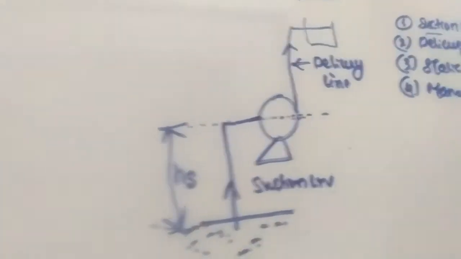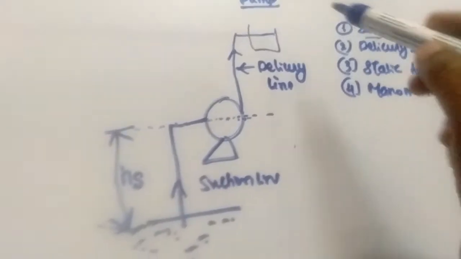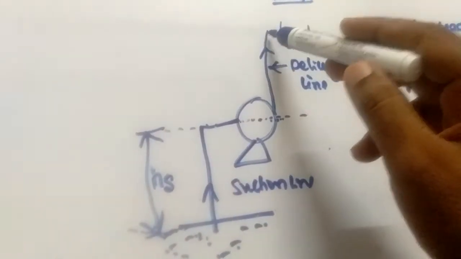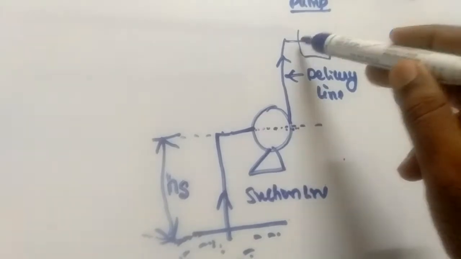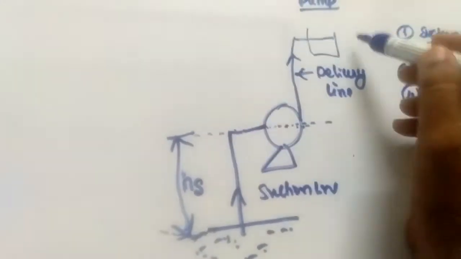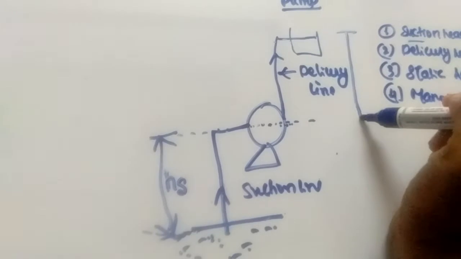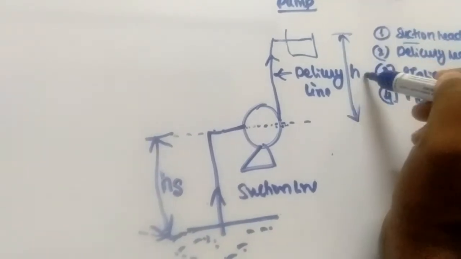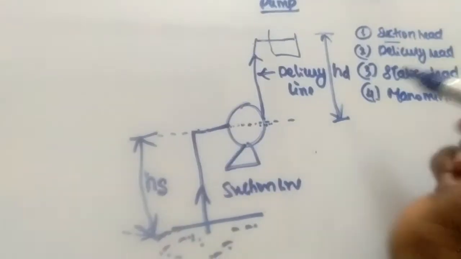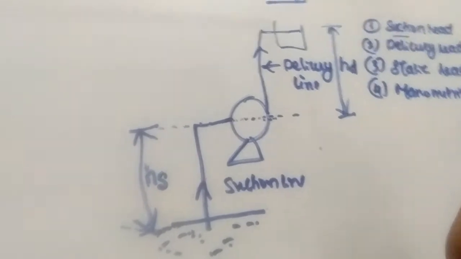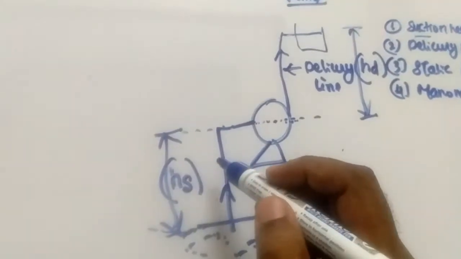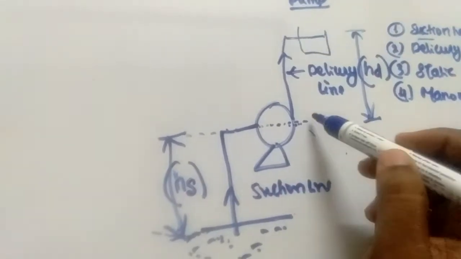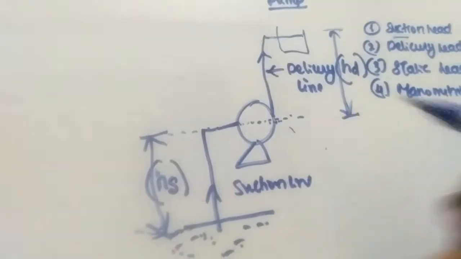Then delivery head. The distance from the center of the pump up to where the water is thrown out is called delivery head, HD. We can write its symbol like this. It is the vertical height, measured in meters of water.